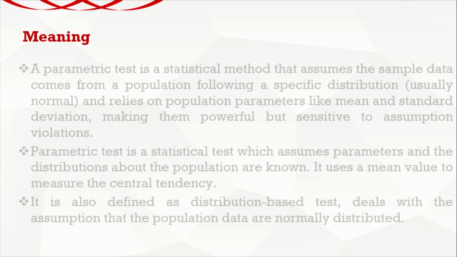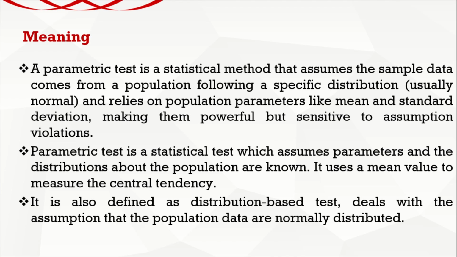First of all, look for the meaning. A parametric test is a statistical method that assumes sample data comes from population following specific distribution, usually normal, and relies on population parameter like mean and standard deviation, making them powerful but sensitive to assumption violation.